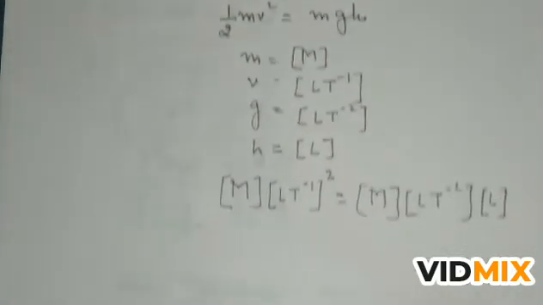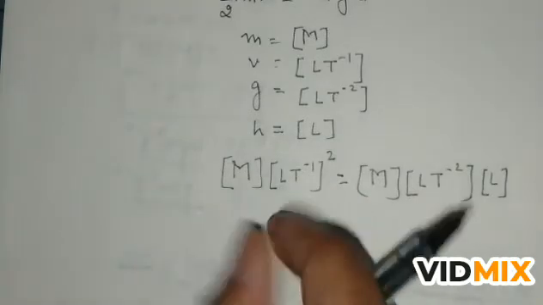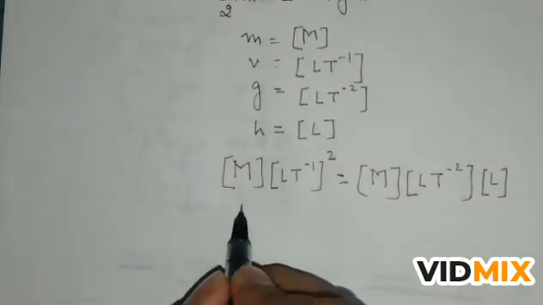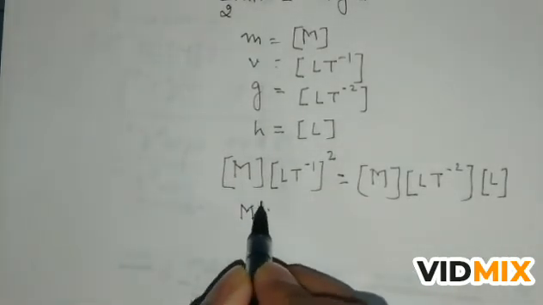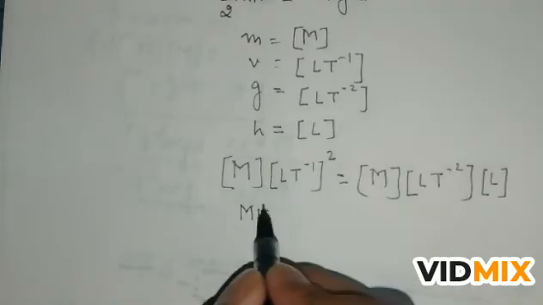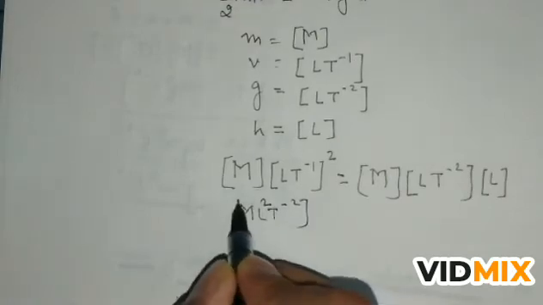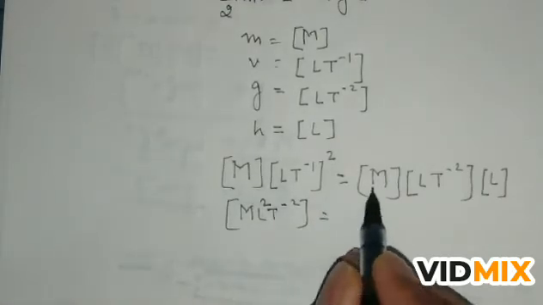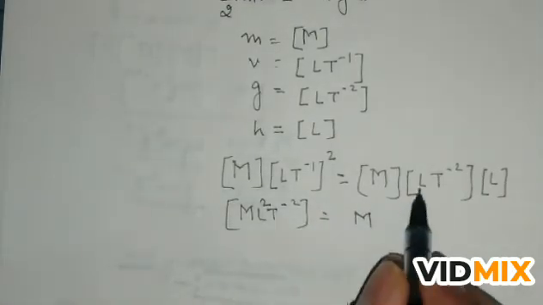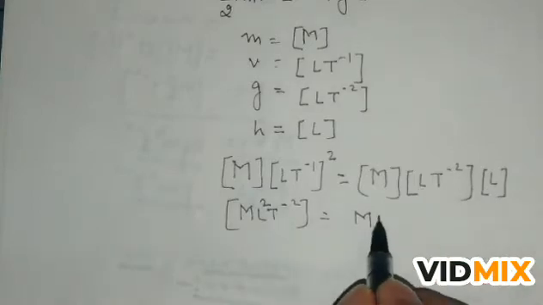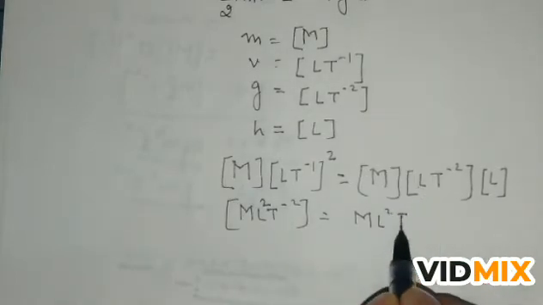Now if we combine this, it will become m L square t to the power minus 2, is equal to m L square t to the power minus 2.